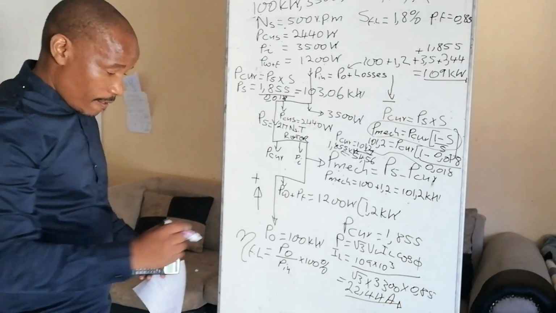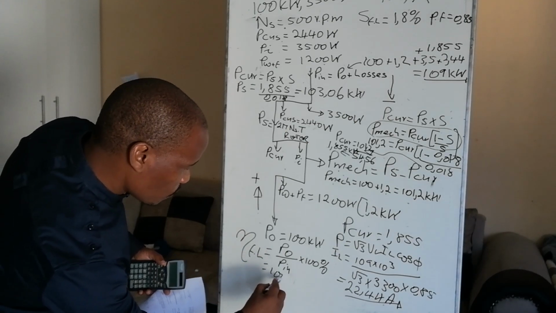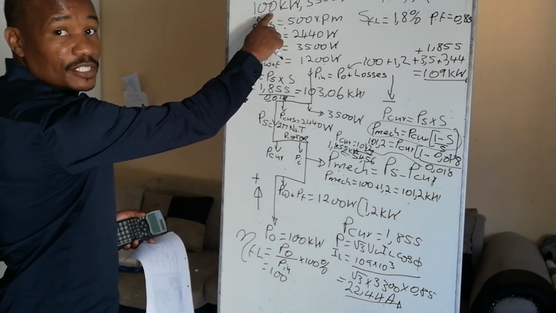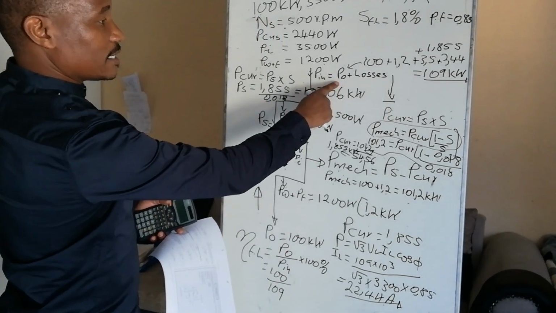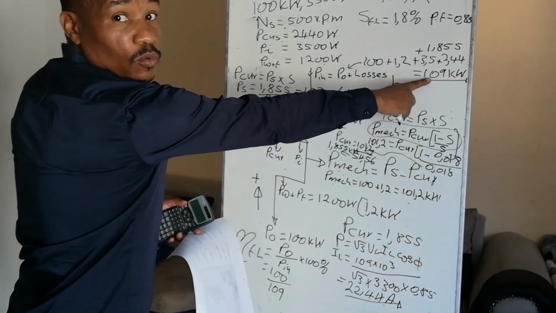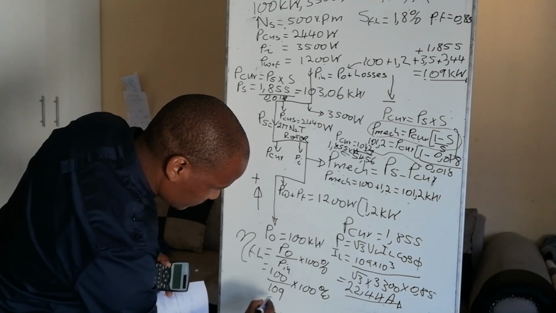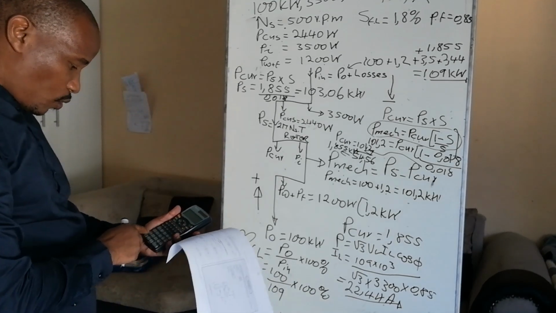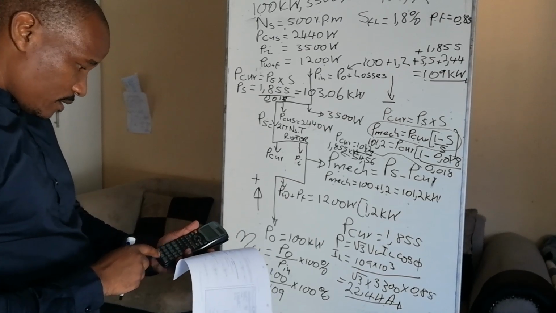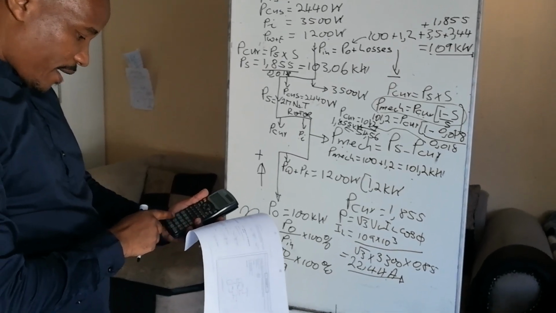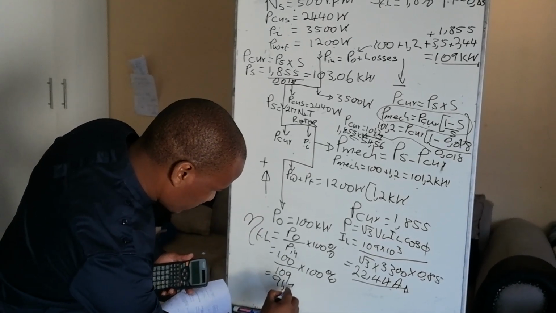It's equal to 100 kilowatts, which is given, over 109, multiplied by 100%. This is 100 divided by 109 multiplied by 100%, and this is 91.7.